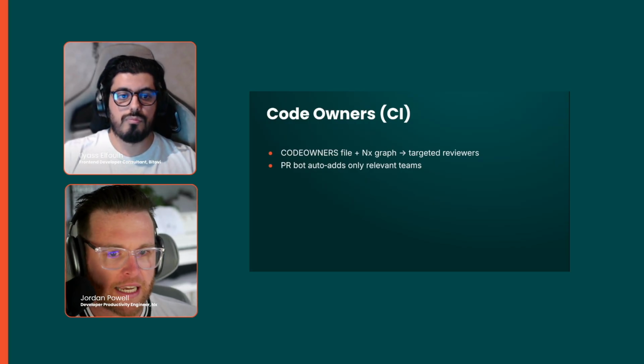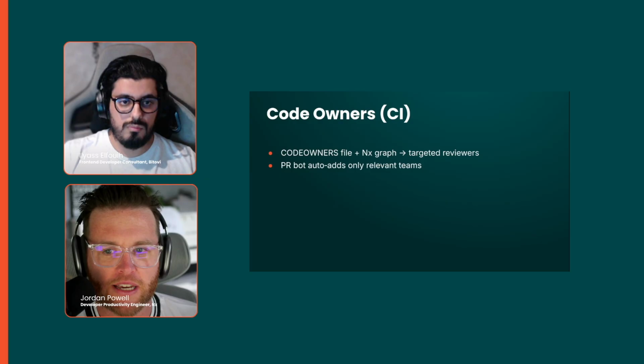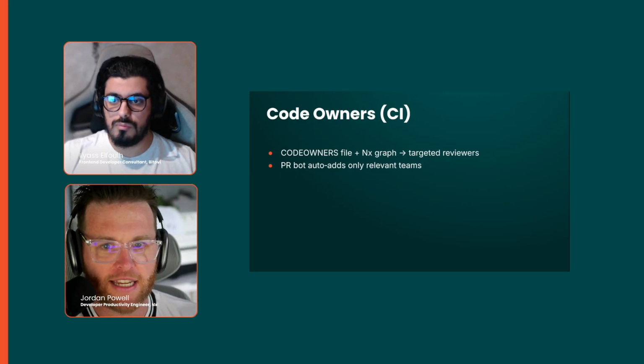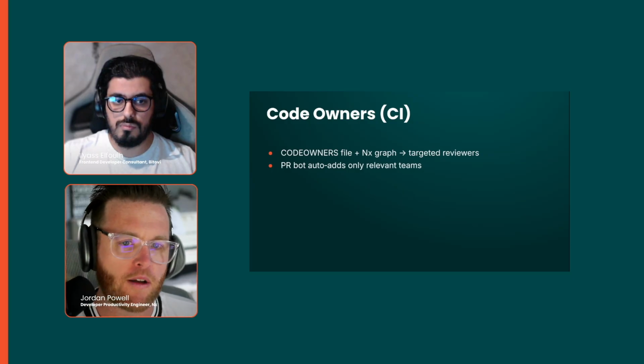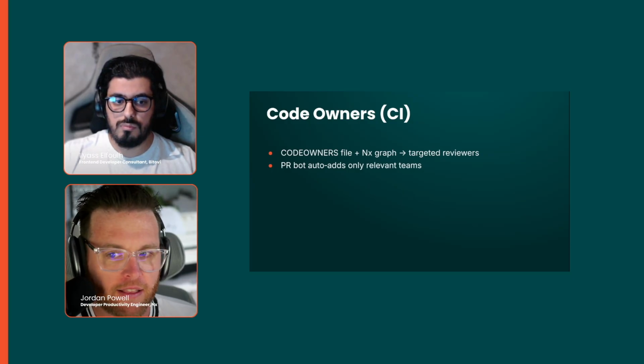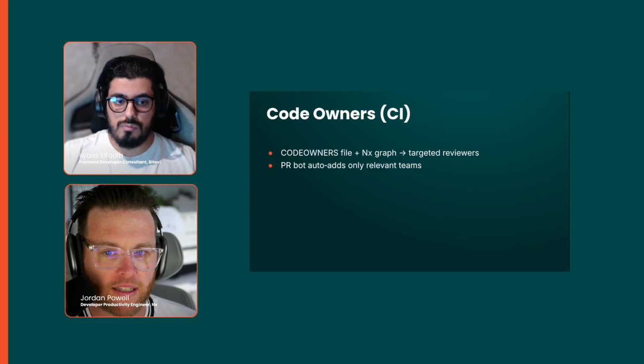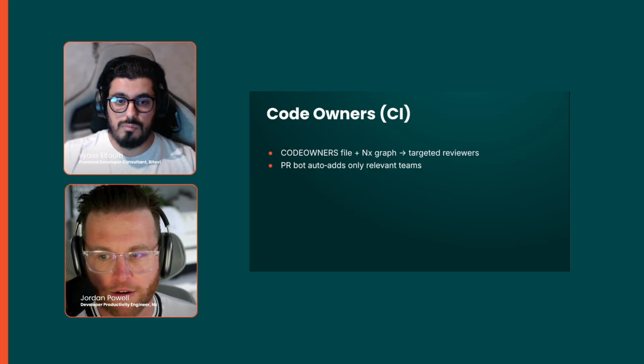As an example, we could take a given set of changes. Nx will run to check what changed on a given PR, and the PR bot inside of GitHub will say, hey, this team was affected by this change, and they're required to review this PR before it can be merged.